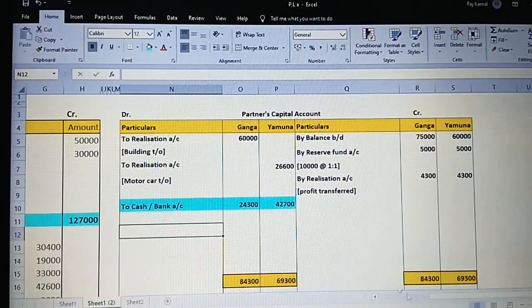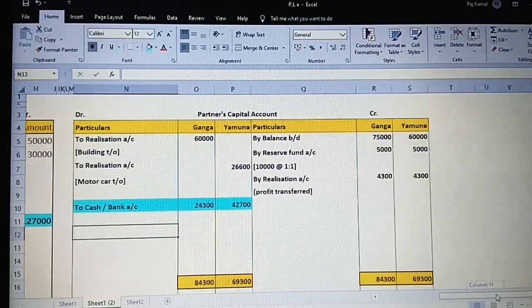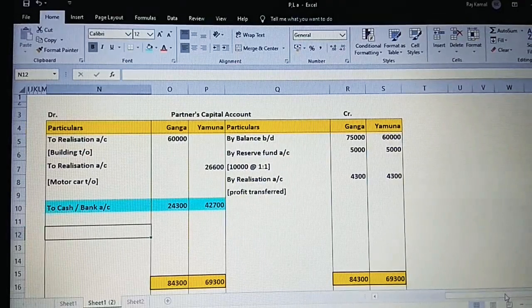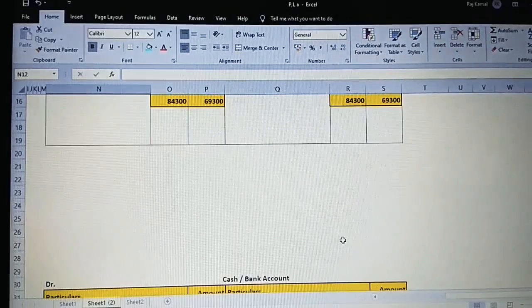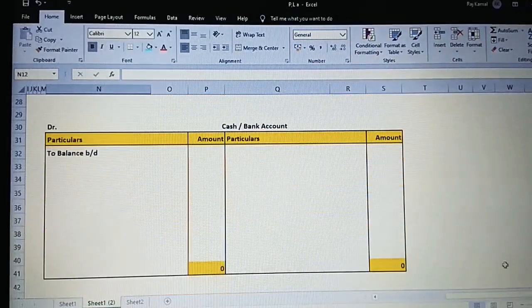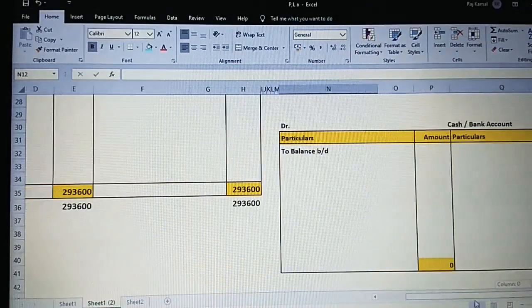Observe the cash account. Now let us move on to cash or bank account, the last account to be prepared.